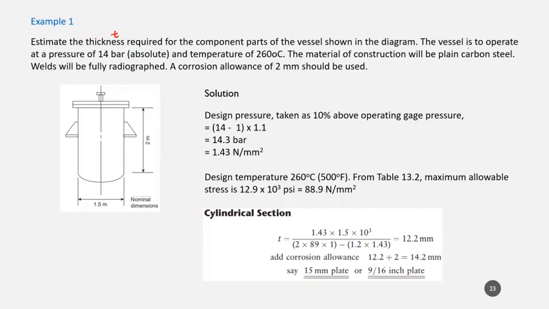The vessel is to operate at a pressure of 15 bar and a temperature of 260 degrees Celsius. The material of construction will be plain carbon steel. So the type of material of construction is already provided. So basically, we can obtain the maximum allowable stress by referring to this material and also the temperature.